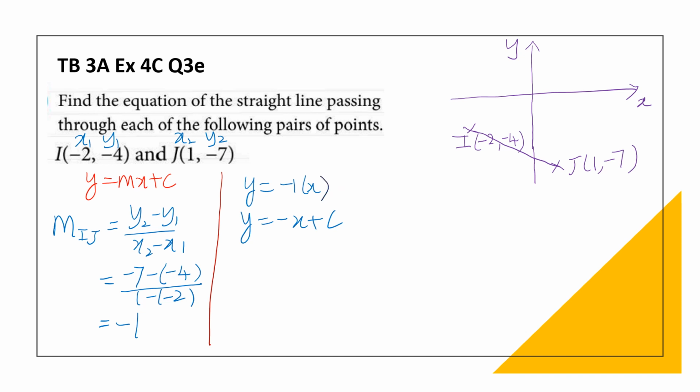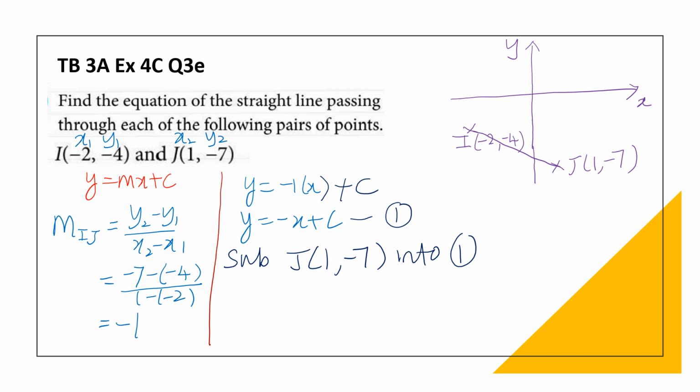Okay, never mind. So the next thing I need to do is use either point I or point J, substituting into equation 1 to find the unknown c. I'm just going to use point J. You can use point I, no problem, it's just your own preference. So substitute J, which is (1, -7), into equation 1. Then we'll have -1, your x is 1, so just negative times 1, plus c equals -7.